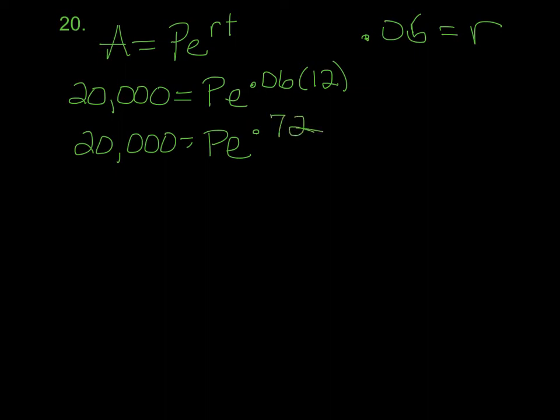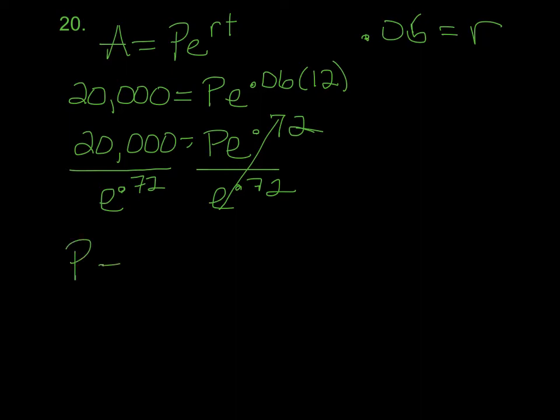All right, now I'm trying to get the P by itself, so what I'm going to do is divide both sides of the equation by e to the 0.72 power, which will cancel out on the right side and get that P by itself. Now remember, you have an e button in your calculator, so you're going to do 20,000 divided by, and then that's your second ln button, and then that'll bring up your e to the 0.72.